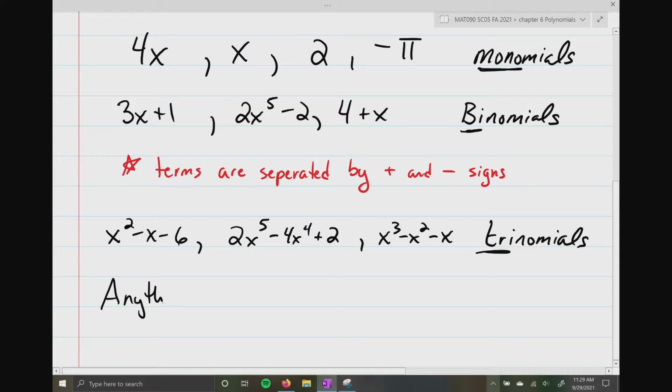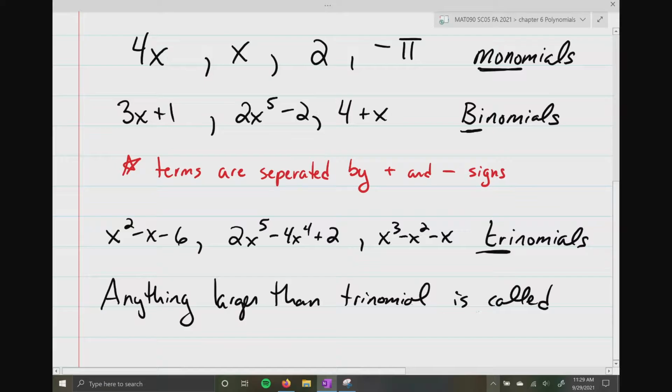Anything larger than a trinomial is called a polynomial. All right? So anything bigger than a trinomial, so 4 terms, 5 terms, 6 terms, and so forth, they're called polynomials.